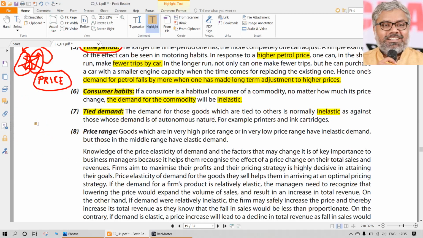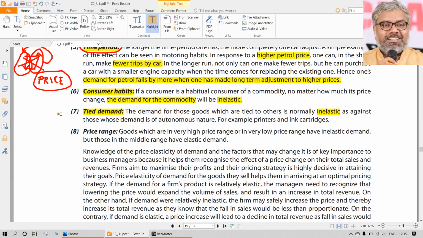So if demand for cars increases, automatically the demand for tires also will increase. The demand for tires directly will not be impacted by the price of tires. Rather, when there is a change in the price of the car itself, that might have a huge impact on the demand for tires. So that's an example of tied demand.